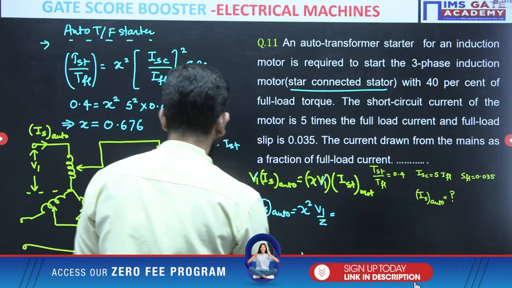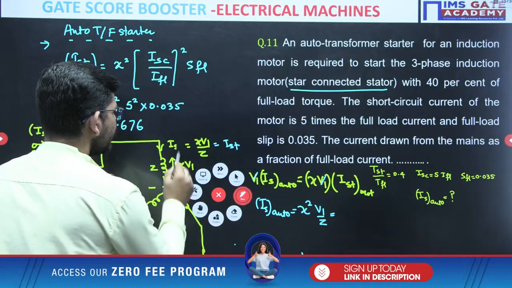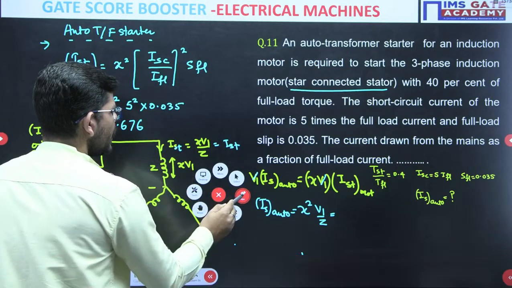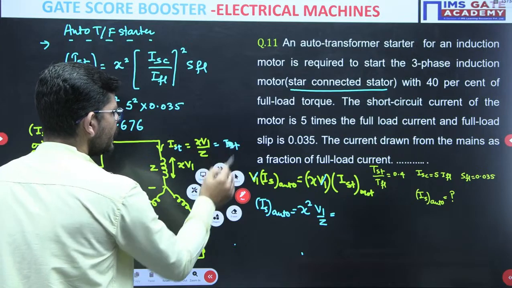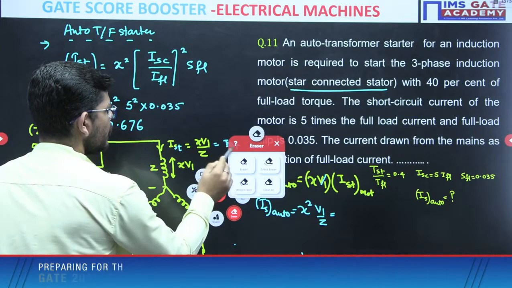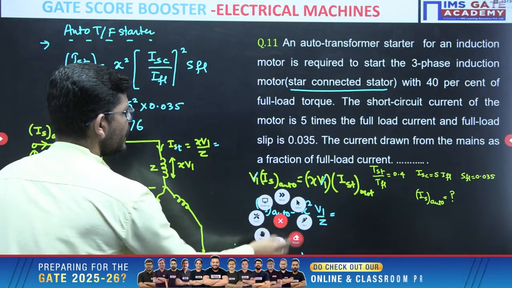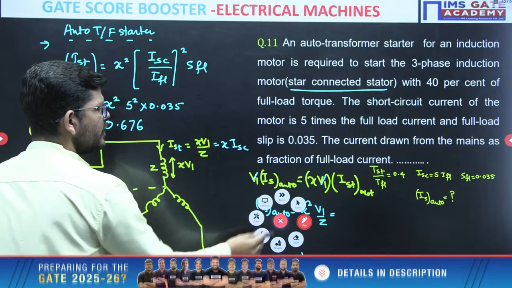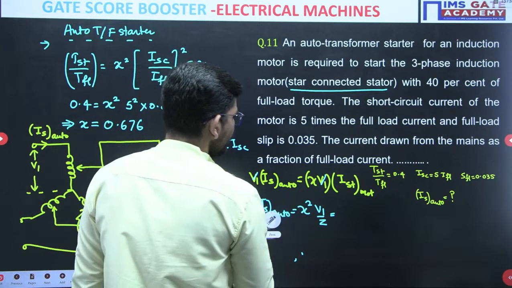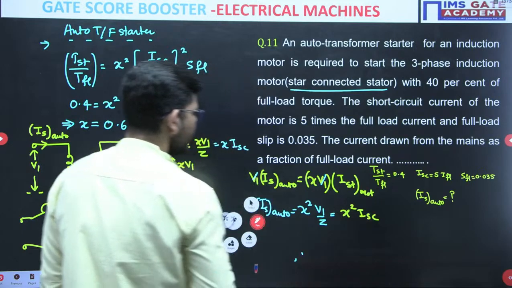Got it? Acha, let me do a change. This is basically IST, okay, and X V1 by Z, if we are writing, then we can write it X times ISC, okay, because ISC is V1 upon Z, right. So we will get X square ISC, correct.